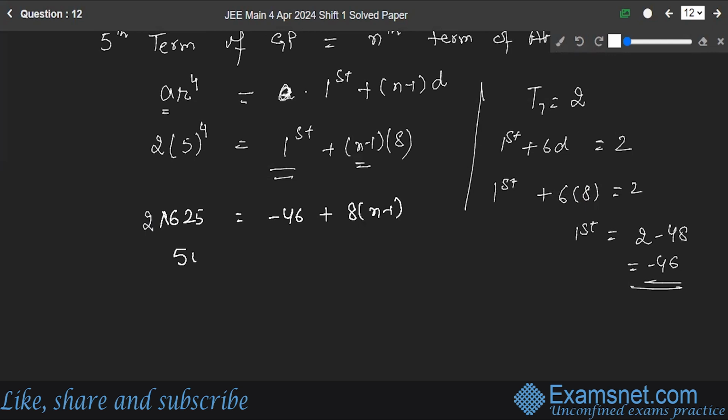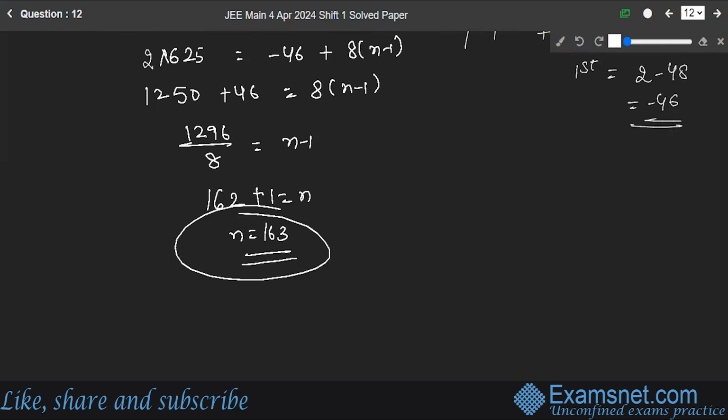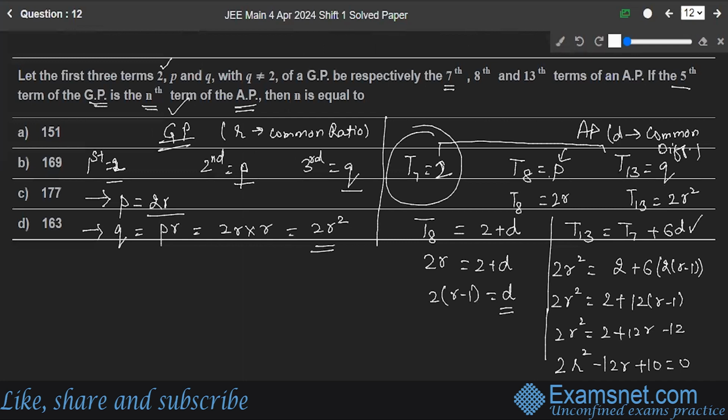And this is going to give me this plus this is equal to this. 1296 upon 8 is equal to this value. Or this is going to give me 1 and 6, 2 plus 1 is equal to n. So n comes out to be 163. This is what we needed. We needed to have the value of n, and n comes out to be 163.